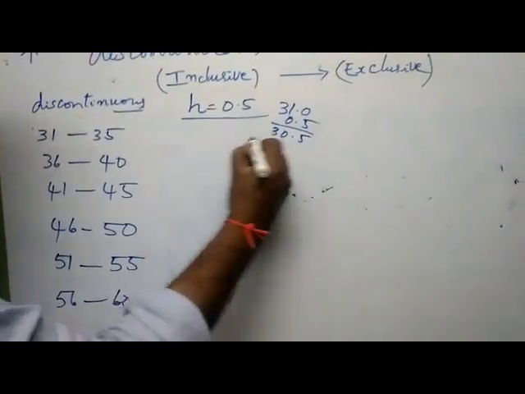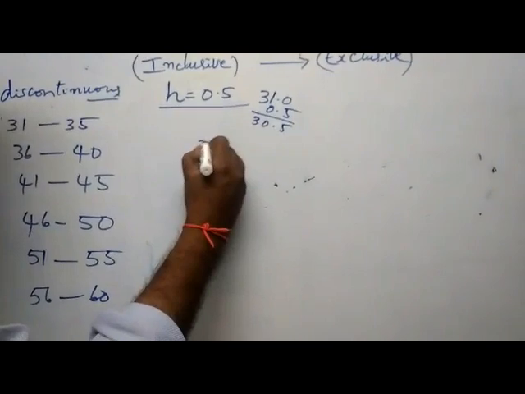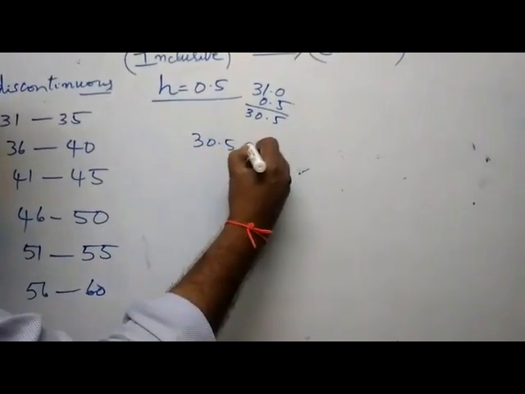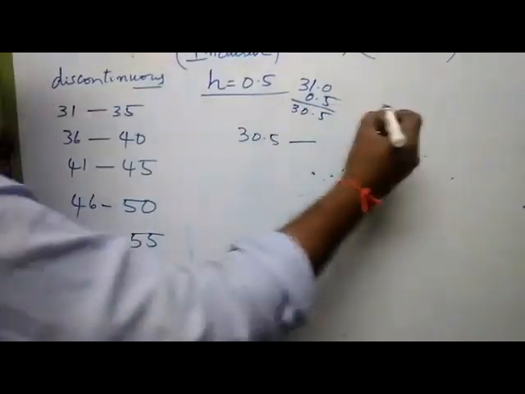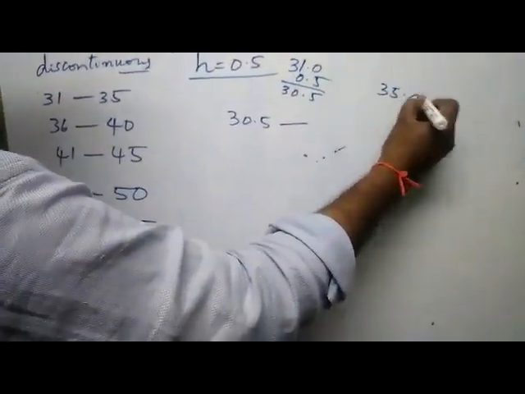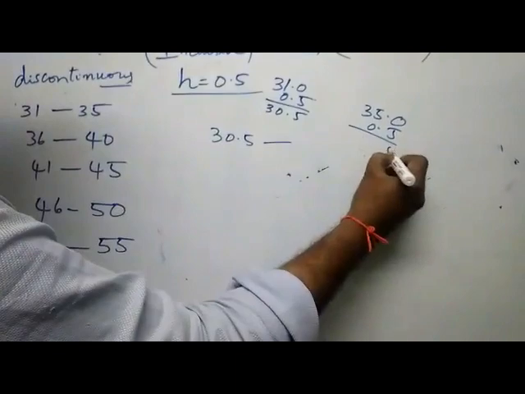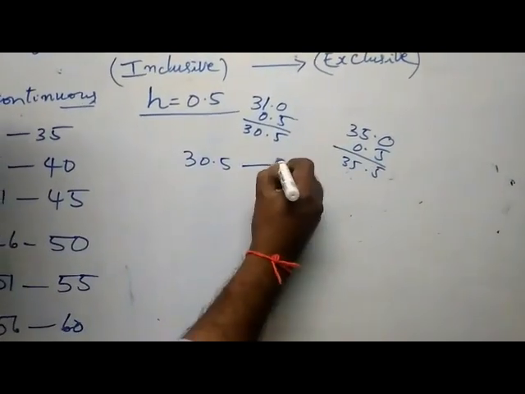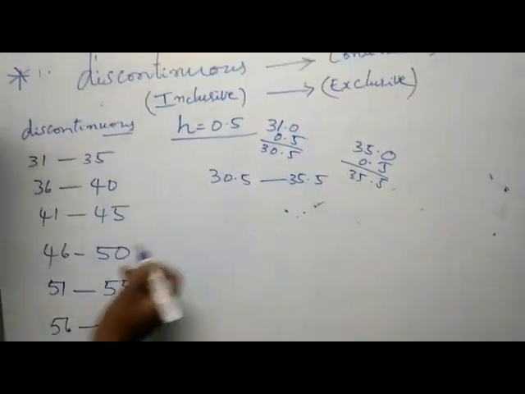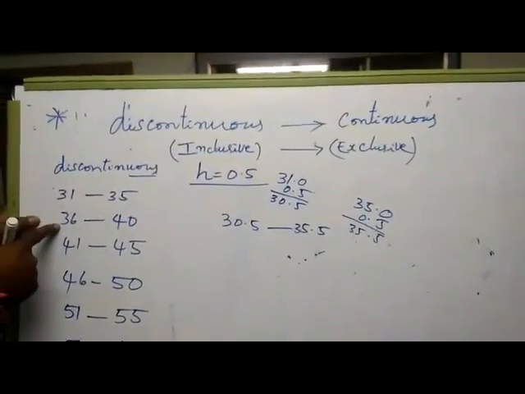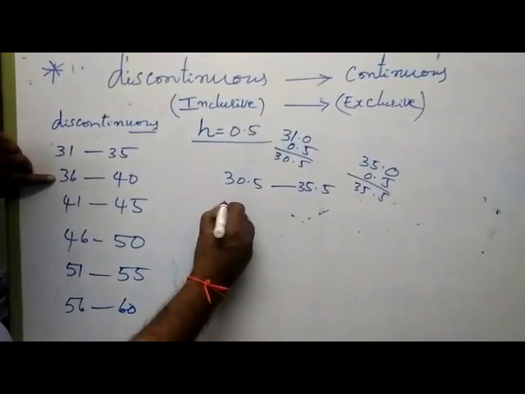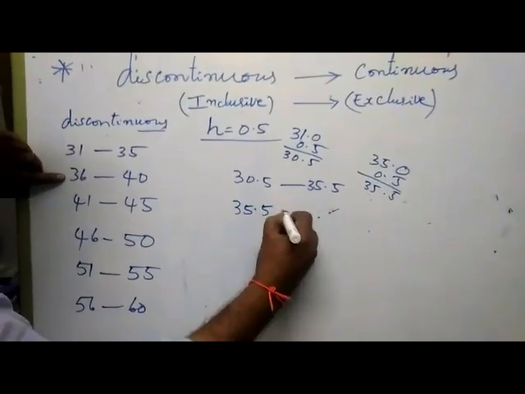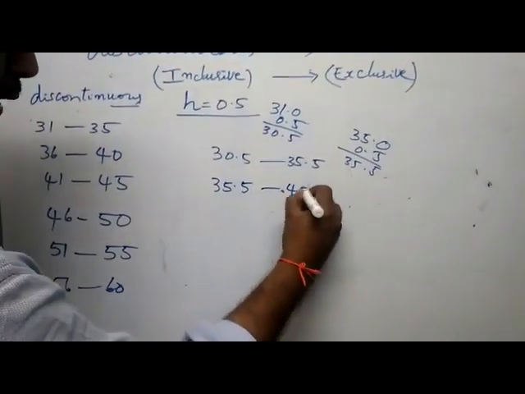Now here I am writing 30.5. Next, add 0.5 to the 35, that is 35.5. Next, again subtract 36 minus 0.5, that is nothing but 35.5. Here 40.5.